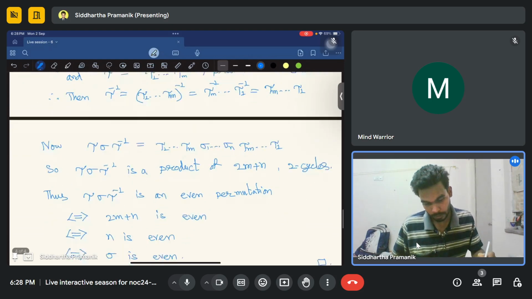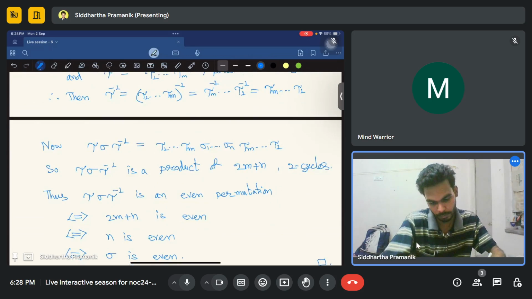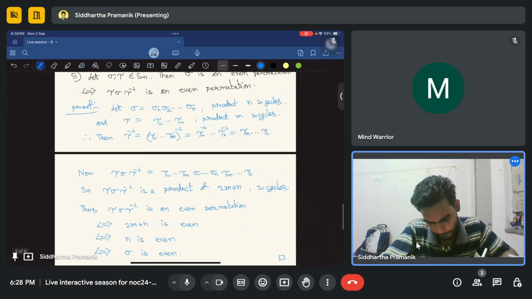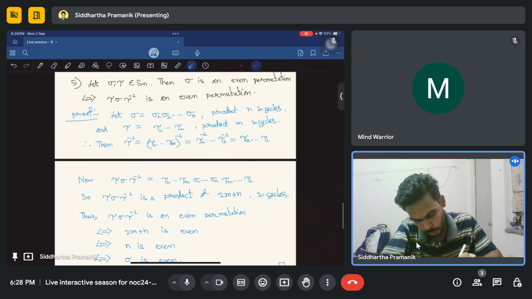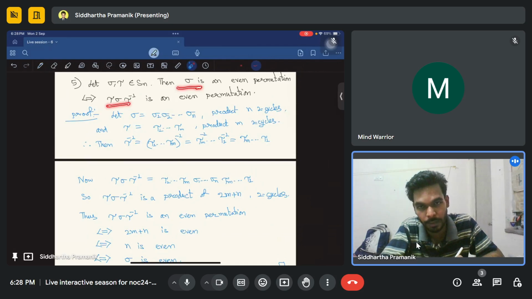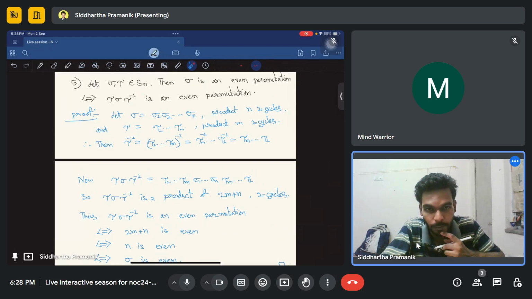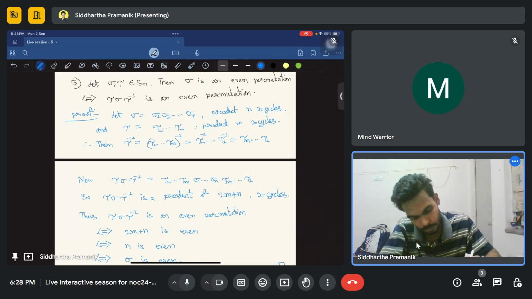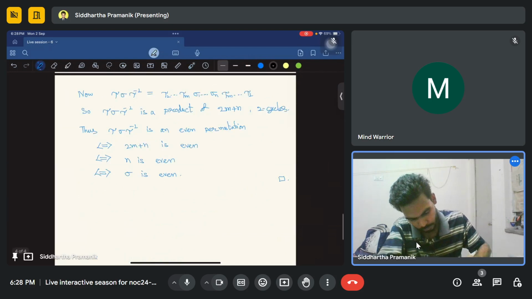I hope this proof is okay. So a permutation is even if and only if its conjugates are also even. The same can be said for odd permutations, so let me mention that also.